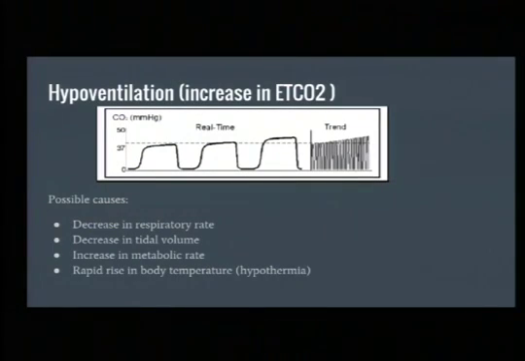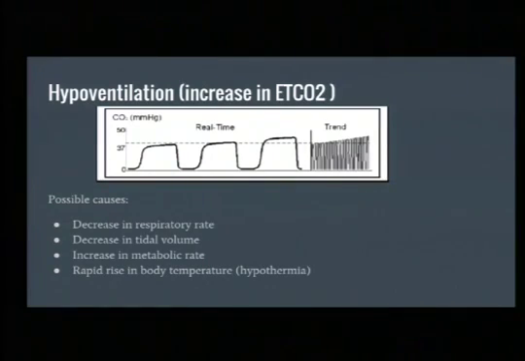So hypoventilation: a decrease in your respiratory rate, a decrease in your tidal volume, not taking in big breaths, or an increase in metabolic rate. All of a sudden, they need more energy, or you have return of your perfusion if their CO2 is clear down here, in the 10-20s, and all of a sudden now it's up here, versus it was at normal and now it's increasing.